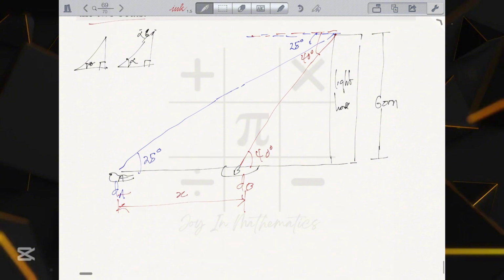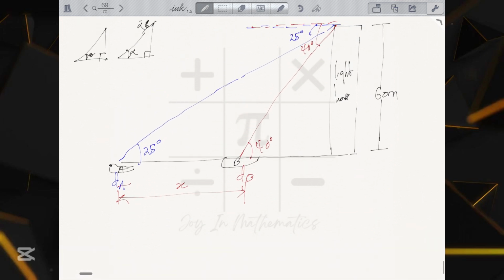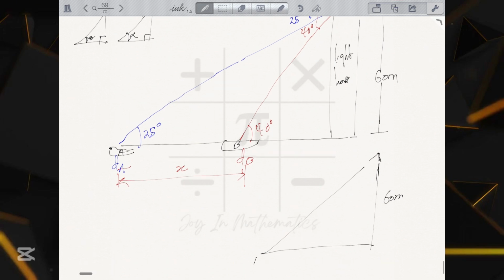Now let's simplify the diagram for ease of understanding. We have the lighthouse. Let's draw it here. 60 meters. We have boat A, which is at an angle of 25 degrees. We also have boat B, which is at an angle of 40 degrees.